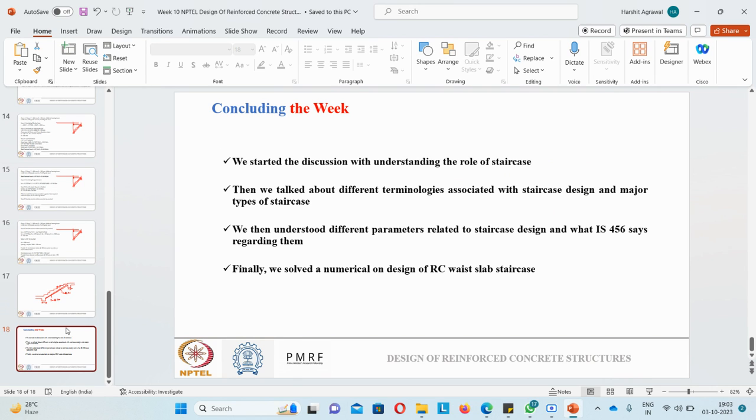Then we understood different parameters related to staircase design and what IS 456 says regarding them. So we understood what are the different limits that IS code provides that we need to take into consideration when we are designing a staircase. And finally, we solved a numerical on design of a RC waist slab staircase. Okay, so this was all for this week.